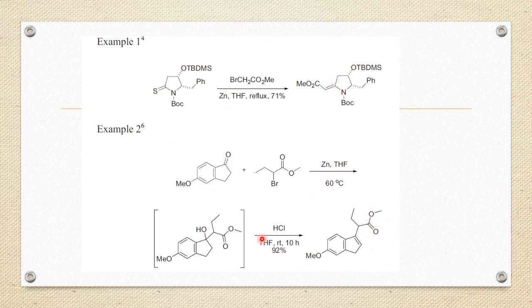This again you find this particular reaction in a variety of substrates. It depends upon the keto group and what you get. In this case, it is not a ketone, this is actually a thione.